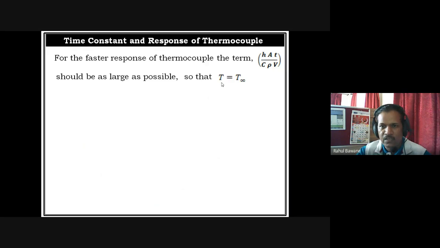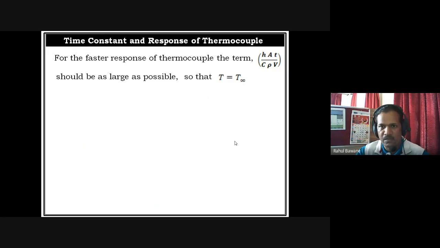It means that the probe temperature, this T, will match your surrounding temperature, that is, the stream of liquid or stream of gases. When the probe reaches the same temperature as the medium, then we say it is reading 100% of the temperature of that fluid.